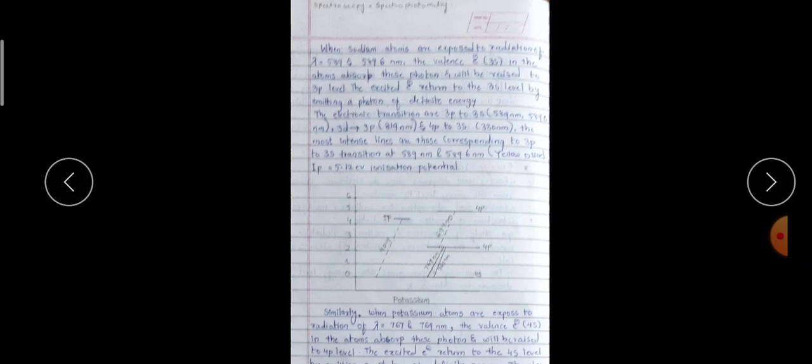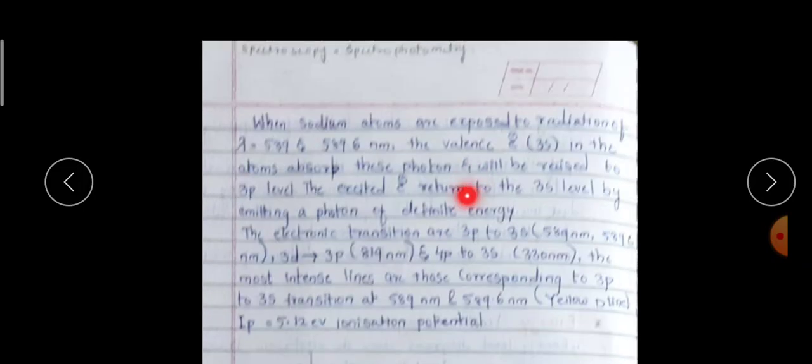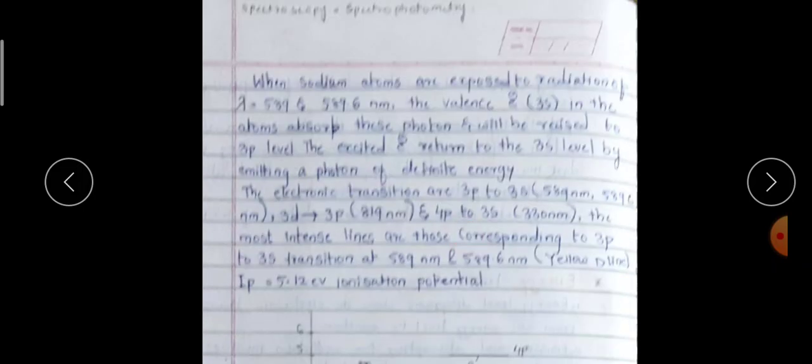When the sodium atoms are exposed to radiation of 589 and 589.6 nanometer, the valence electron 3s in the atoms absorbs this photon and is raised to the 3p level. The excited electron returns to the 3s level by emitting a photon of definite energy.